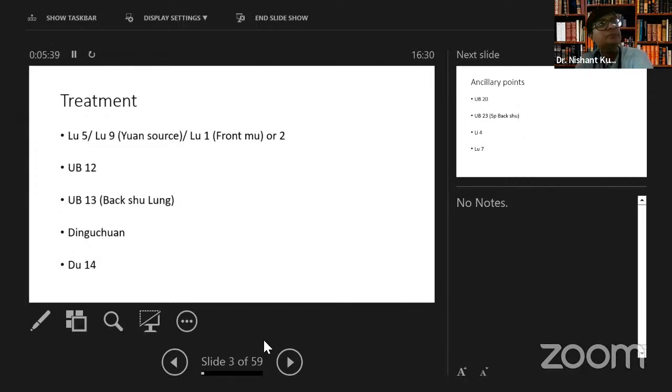Lung 9 is very good. Flexor carpi radialis, the palmar crease. Then lung 1 can be used if the limbs are inaccessible. That is the front mu point of lung itself. Where is lung 1? First intercostal space, mid clavicular. Or 2.